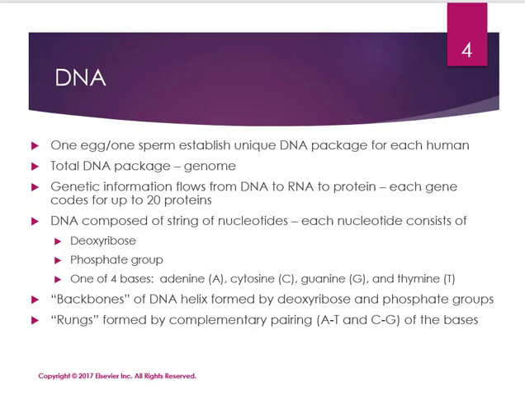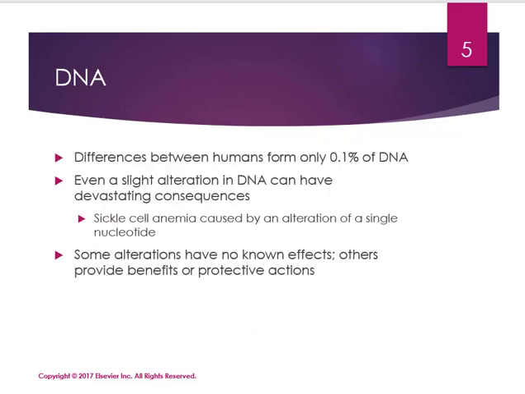Each DNA is composed of a string of nucleotides, and they consist of deoxyribose phosphate groups and a base of either adenine, cytosine, guanine, or thymine. We know that each person has a unique DNA package that represents several million different possible combinations from 4 grandparents' genetic materials, but the base sequence is the same at approximately 99.9%.